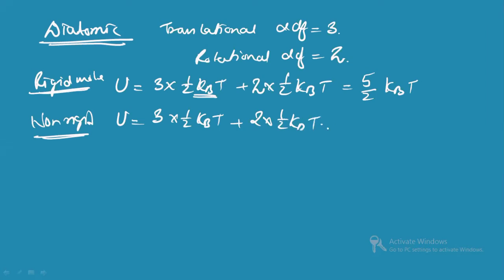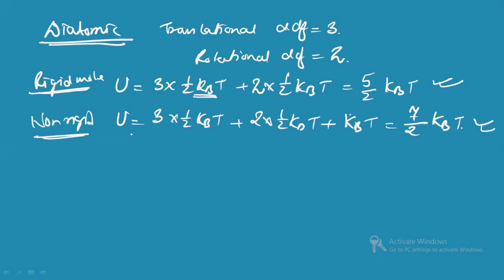This is for rotational. Plus, how many vibrational terms will be there? Only one. So the energy associated with the vibrational degree of freedom is kBT, I have said in the last class. So ultimately the total will be 7 by 2 kBT. Yes or no? So this is the energy for rigid molecule, and this is the energy for non-rigid.